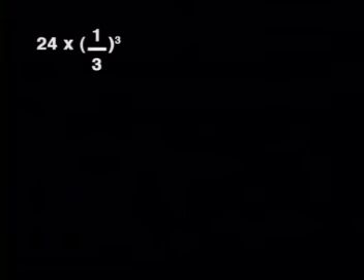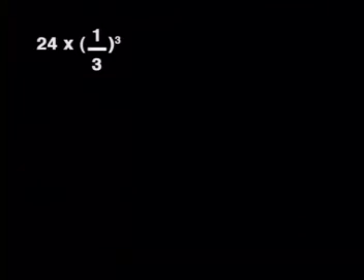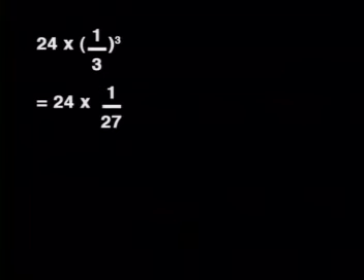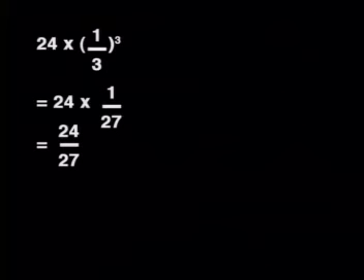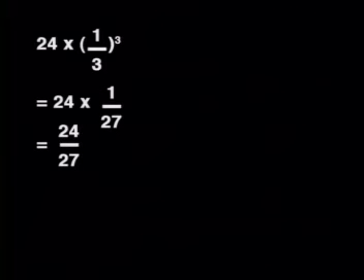If the rule we have been using is correct, then we should be able to say that 8 all divided by 9 is the same as 24 times 1/3 cubed. 1/3 cubed is 1 all over 27, so we get 24 over 27.